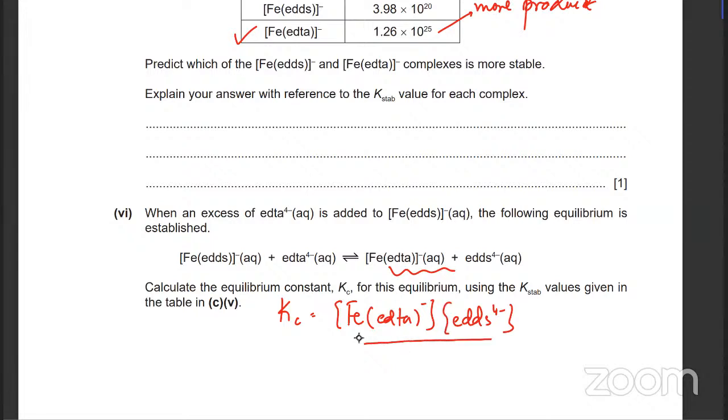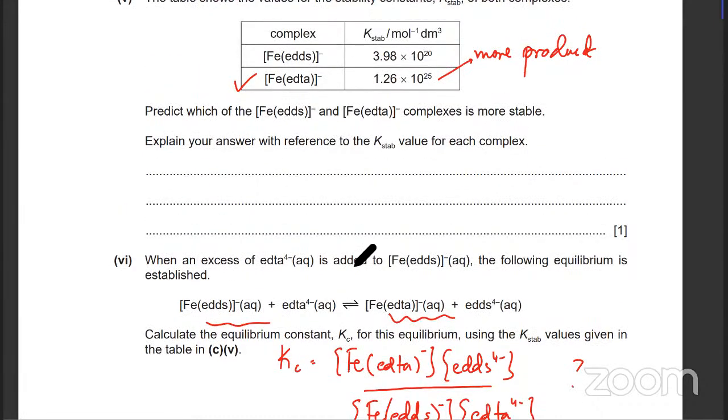You're trying to calculate this divided by the reactant concentration, which is Fe EDDS minus concentration and EDTA 4 minus concentration. So we're looking for this value, and he says use the values that are given above.